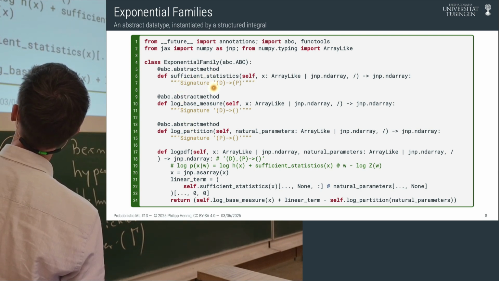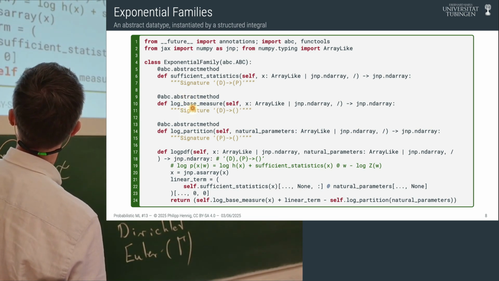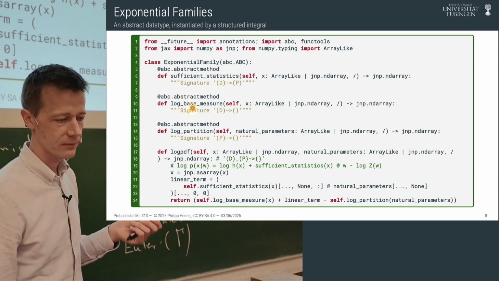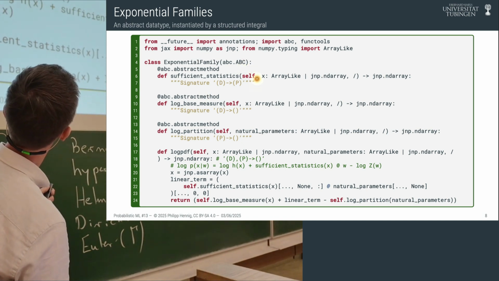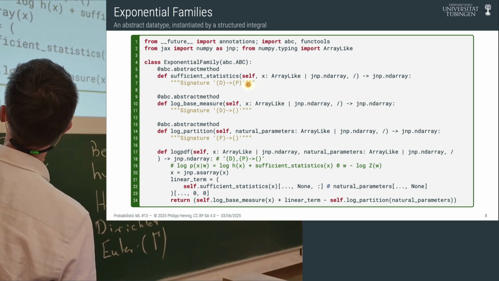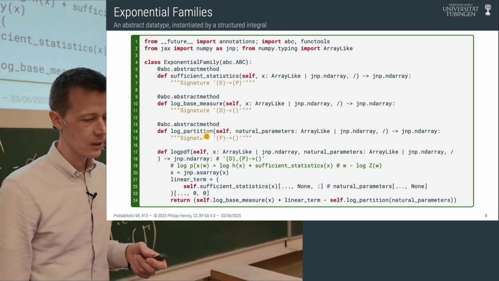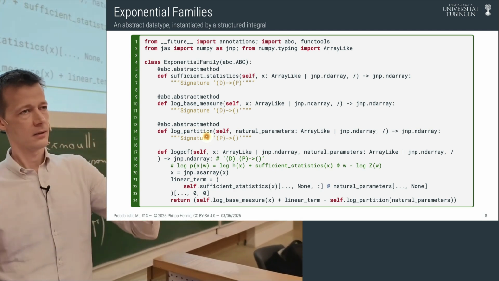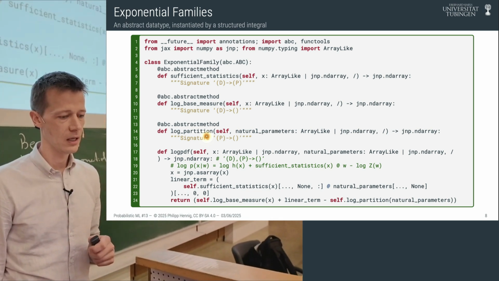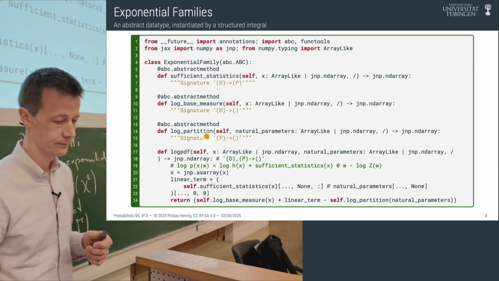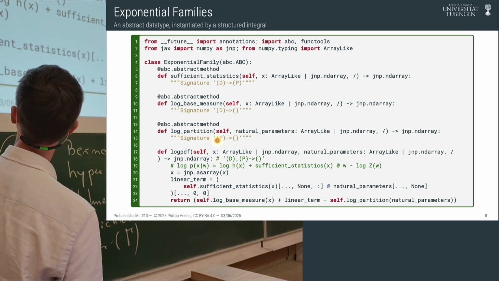The sufficient statistics, phi, the carrier measure or base measure, which is a map of x. The sufficient statistics are also a map of x. And a log partition function, g, which takes in the natural parameters, w, and then returns a real number for each instance of natural parameters.